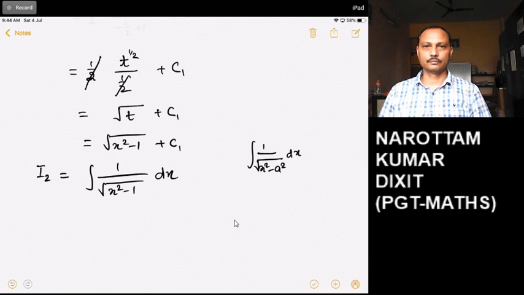So using this formula we get it equals to log of mod of x plus under root x square minus a square.